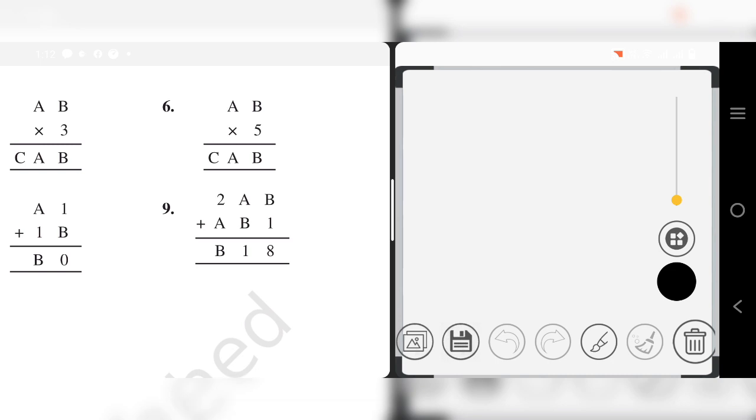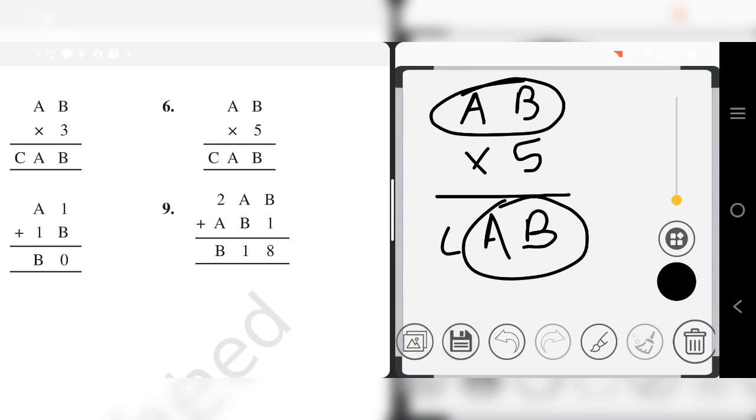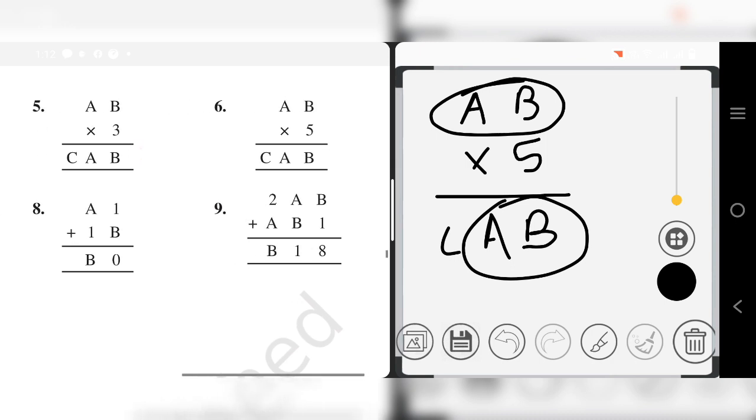AB into 5 is equal to CAB. It is a little bit similar, right? AB into 5 is equal to CAB. The same thing in the question is also in the answer. Okay, so let's take 50 only. Here also we took 50 in the fifth question. Let's take 50 only for 6 also.